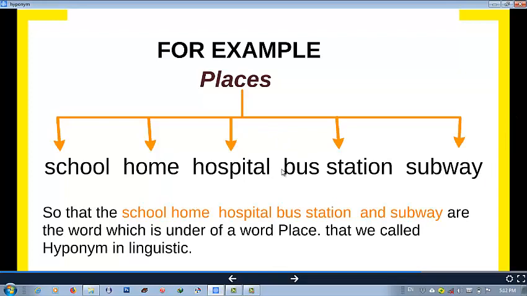Here is an example for you to identify: school, home, hospital, bus station, and subway are the words under the word place, so we call them hyponyms of the word place in linguistics. Alright, I hope you understand this hyponym word.